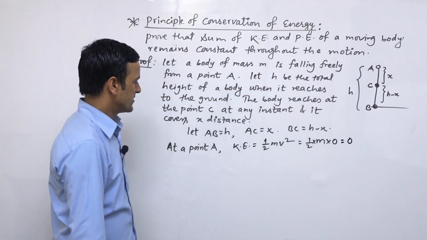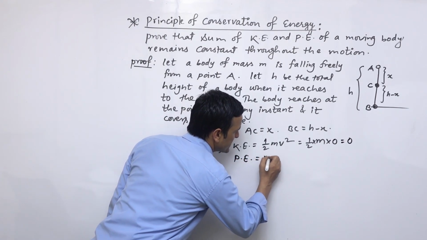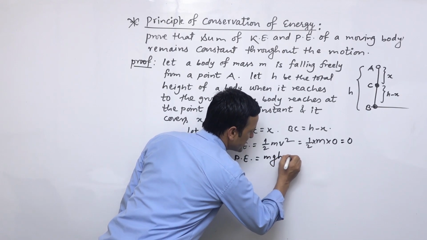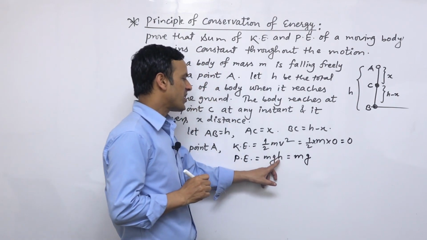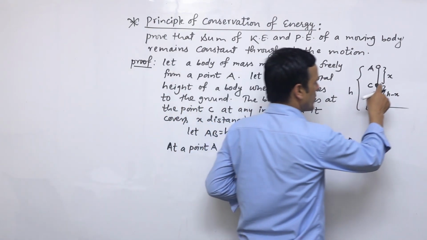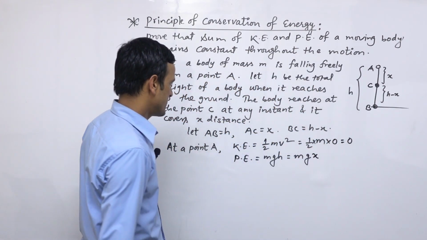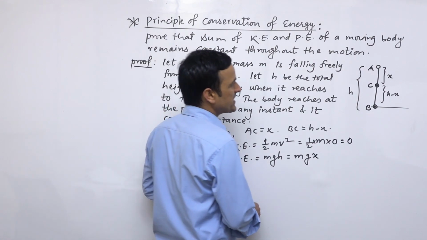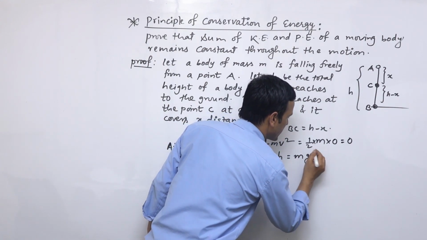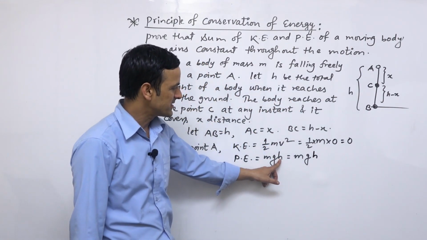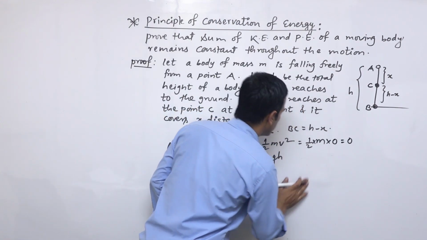So kinetic energy at that point is 0, and potential energy is how much? The formula is mgh, the mass is the same, gravity is also the same. For PE at point A, we have to write the height of point A from the ground, so not x but h.